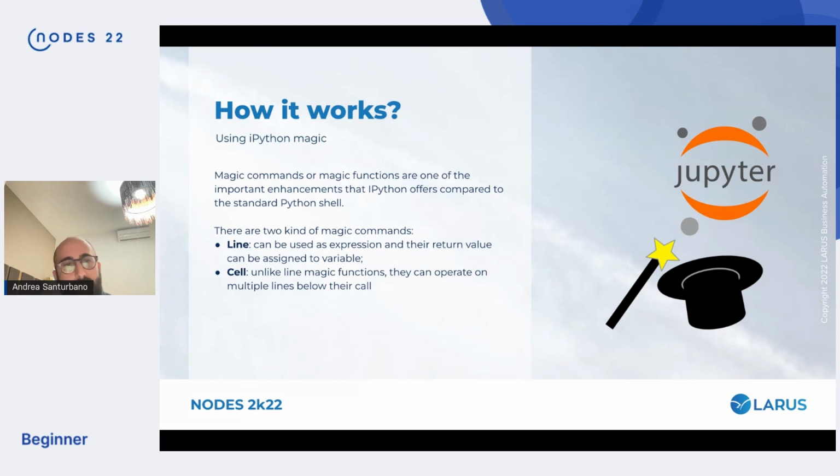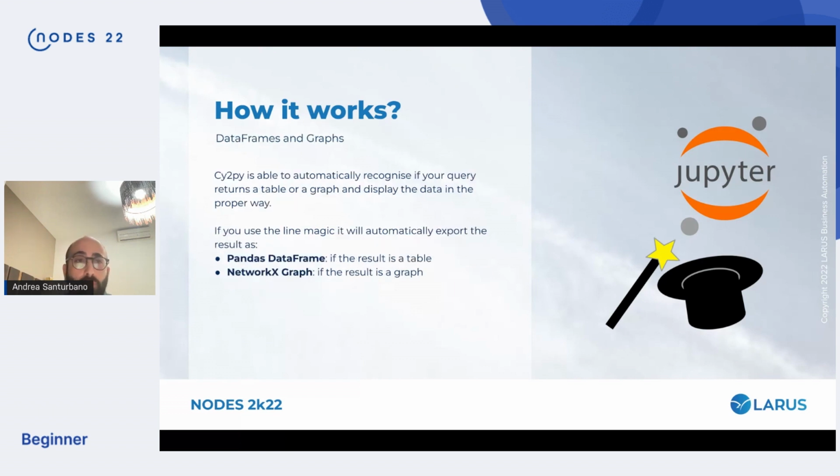I will show the difference between cell and line magic in the demo. cy2py is able to automatically recognize if your query returns a graph or a table, and display the data in the proper way.